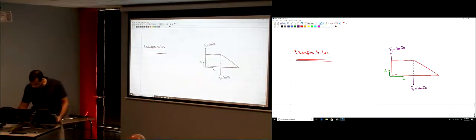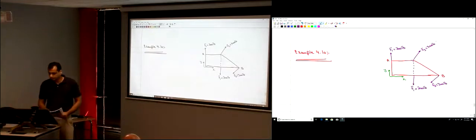Here at point B, let's call this point B, and this is point A. At point B, we have an inclined force F3 of 300 pounds, and at this other point there is a parallel and equal force F3 of 300 pounds.